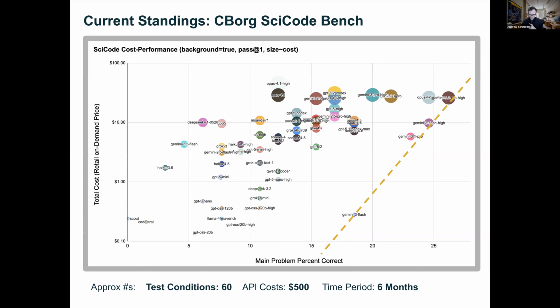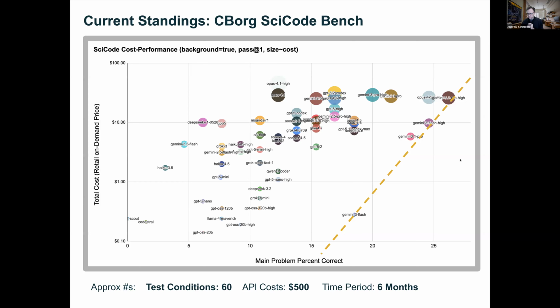And then the horizontal axis is the percent correct in the main problem. As I mentioned before, in order to get the main problem correct, it has to get all the sub problems right. And there's usually around 3 of them.